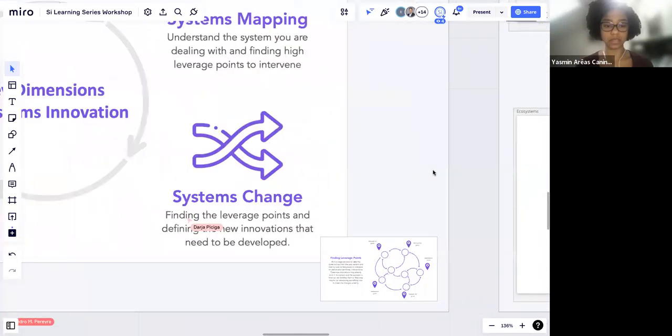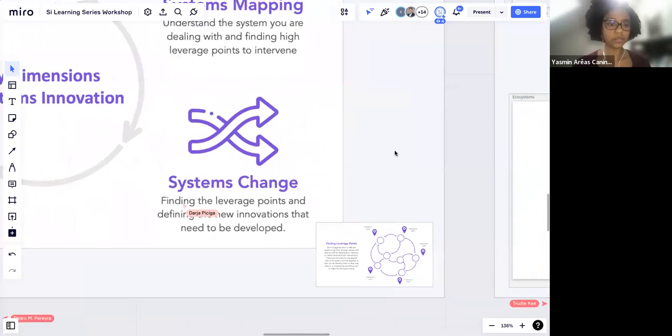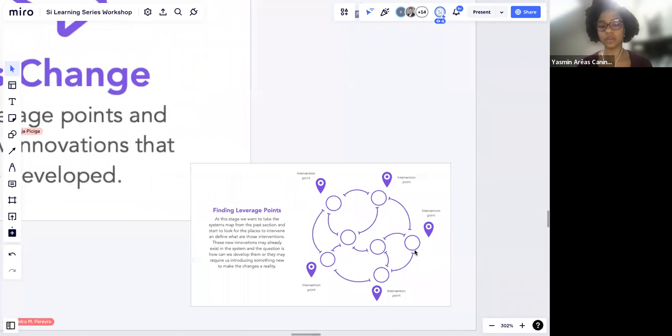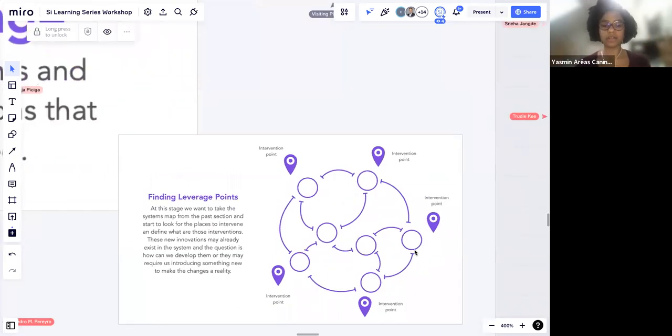Great. Yes, and the third key dimension here is going to be systems change, or how can we influence the system in a way that is going to generate and give rise to new ways of organizing, right?